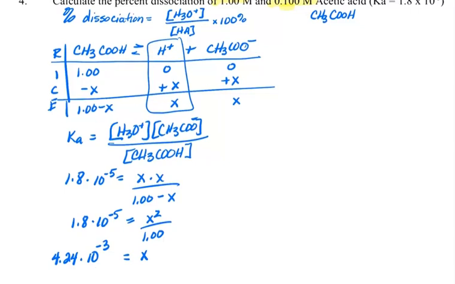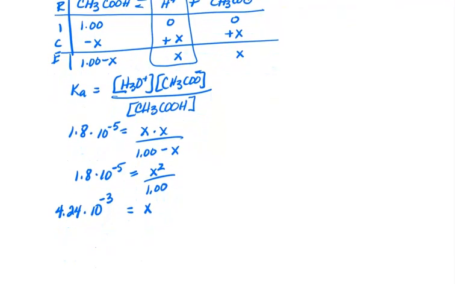Let me slide this. I wrote kind of big here for you, but our percent dissociation is going to be that hydronium ion concentration over our acid concentration, which in this case was just 1, times 100%.